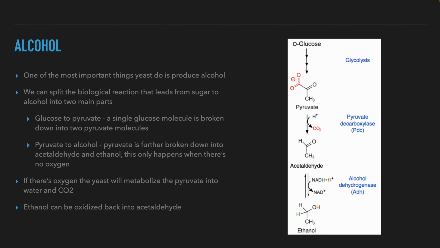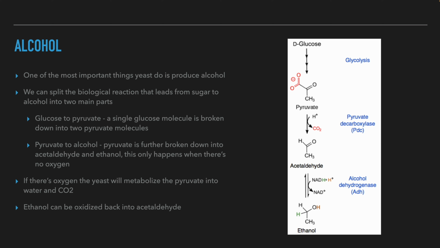Why do we care about yeast metabolism? Because one of its byproducts, alcohol, is very important to us as brewers. So, how is alcohol made by the yeast? The process can be divided into two main parts. The first is actually the breaking of the glucose molecule into two pyruvate molecules, and it always happens.